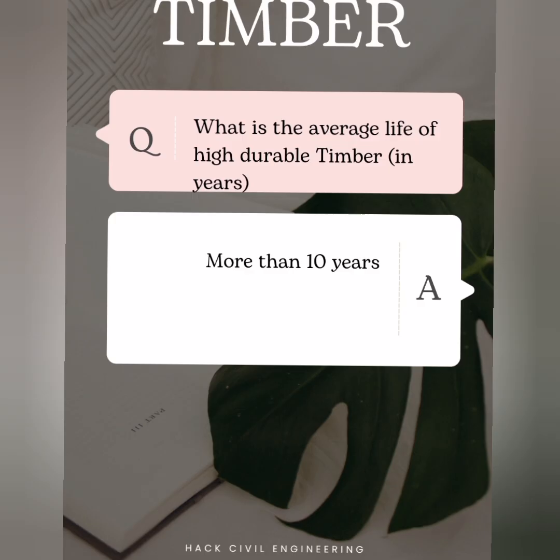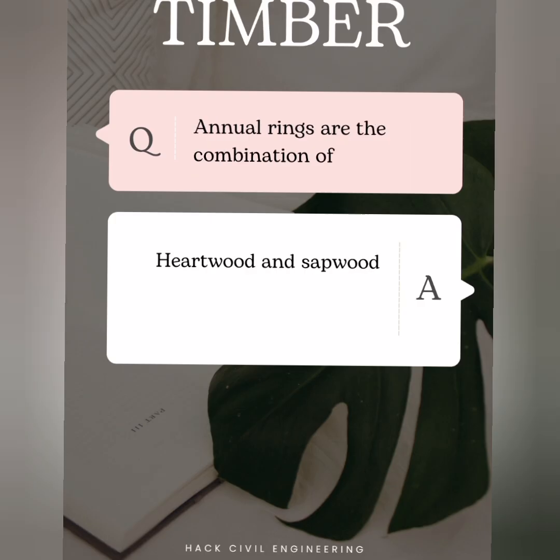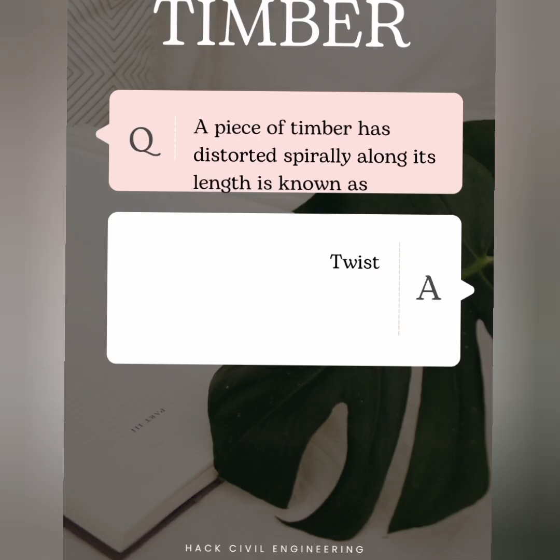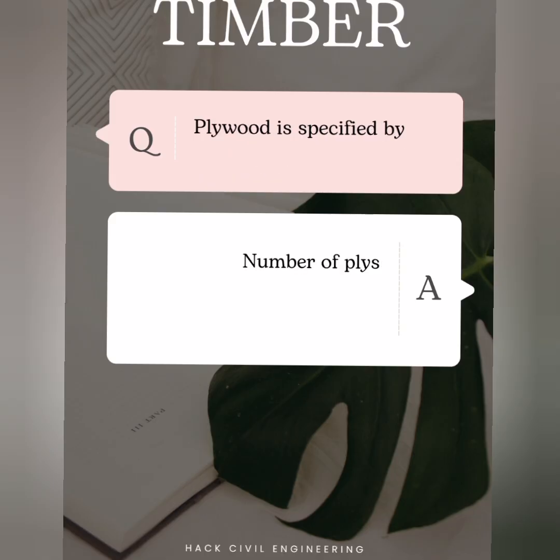More than 10 years. Annual rings are the combination of heartwood and sapwood. A piece of timber distorted spirally along its length is known as twist. Plywood is specified by number of plies.